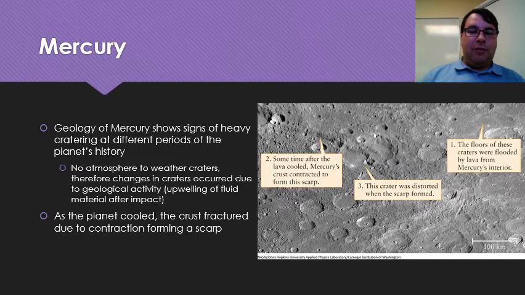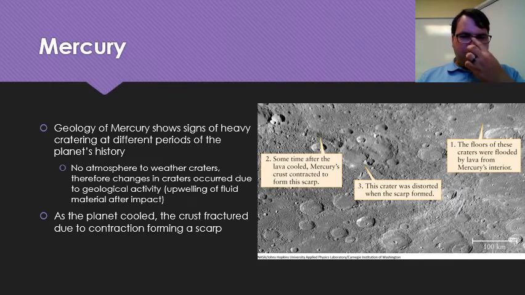And so we can determine, based off of the cratering, roughly the age of those craters, how quickly or how not so quickly, if you will, this particular planet cooled, when those craters may have occurred. If we look at the image here, you'll notice that with this large crater in the center, where the number 3 is pointing to, there's actually a distortion that runs through this crater.